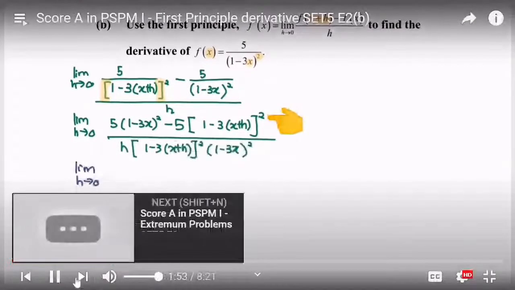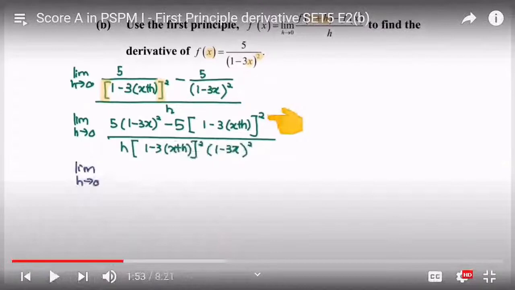Okay, boleh ke tak? Jangan confuse. Dah banyak sangat elemen, jangan confuse. Apa yang saya cuba buat sekarang adalah equate the denominator. Nampak? Saya equate the denominator. Boleh ikut? Slowly, don't worry.